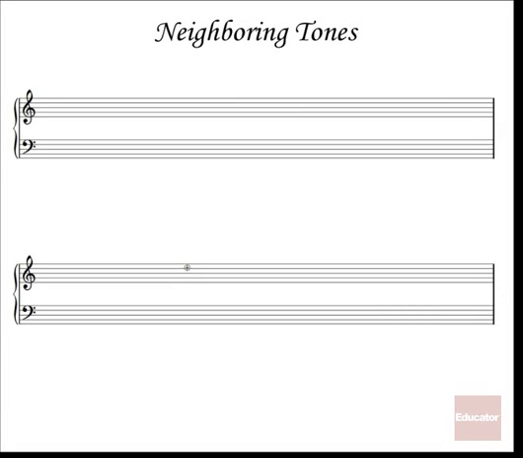Okay, now we can look at neighboring tones. So those, I can go right back to that chord progression that I started with, 1 to 4.